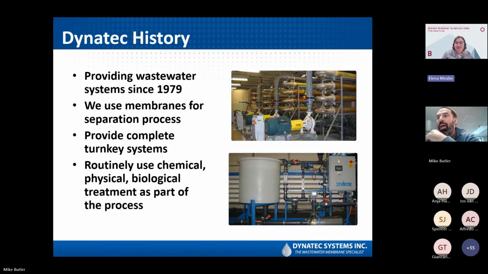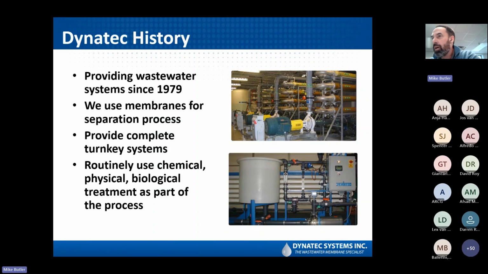Dynatech's been providing wastewater treatment systems for industrial customers since 1979. For about 35 years now, we've focused on membrane systems as part of the solution. We provide complete turnkey systems.